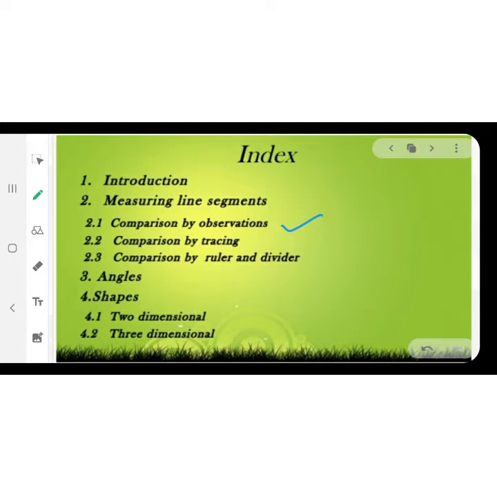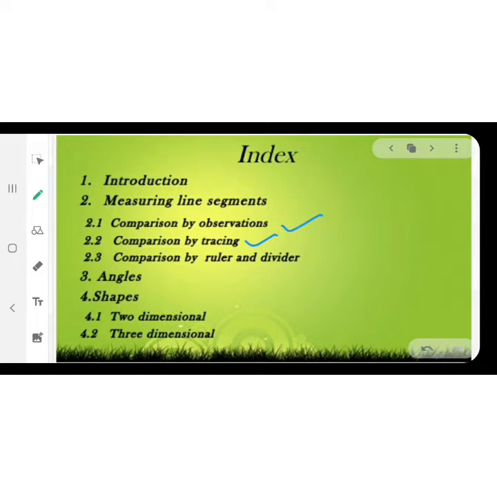Then comparison by tracing, meaning putting one line segment and tracing it after removing that line segment. Then the third is comparison by a ruler and divider, that is in your geometry box, a divider having two pointed ends. So that is also one of the methods. So these are the methods by which we can measure the line segment.